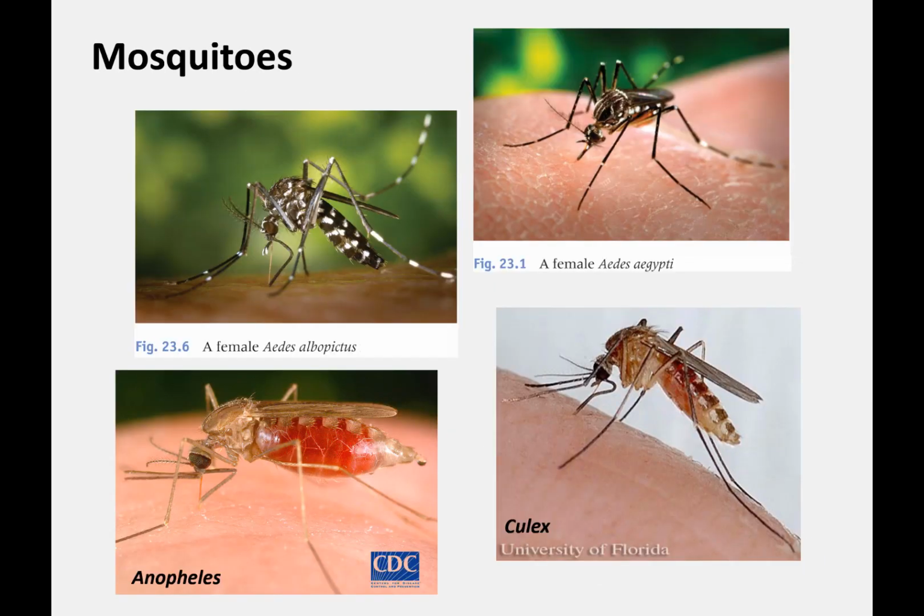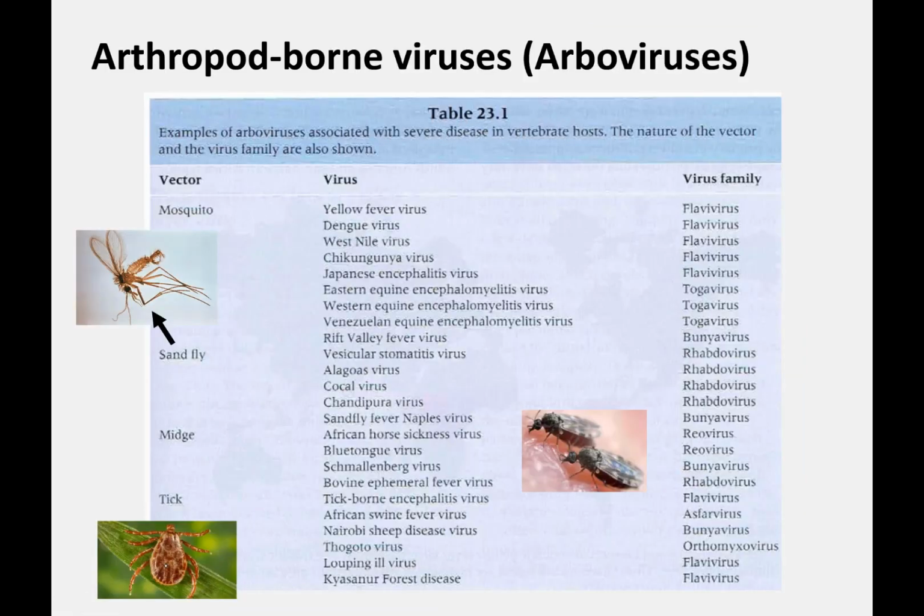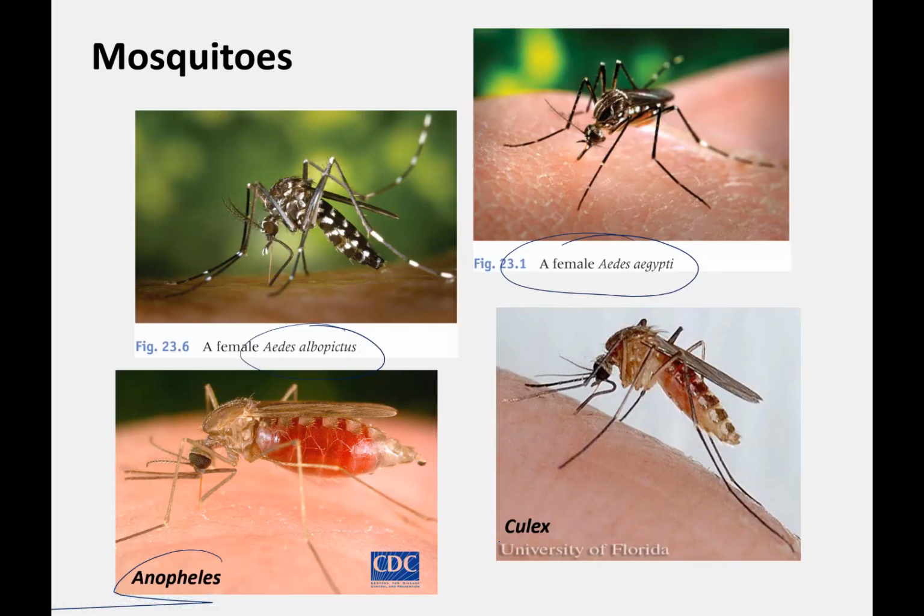Some of the most common vectors for viruses are mosquitoes. So we have the Aedes mosquitoes, Aedes aegypti, Aedes albopictus. We have the Anopheles mosquito, and we have the Culex.